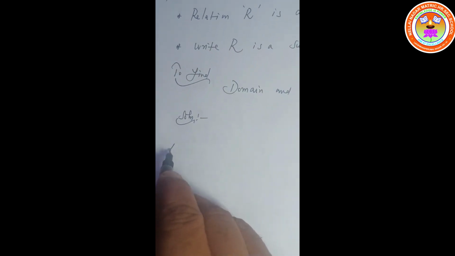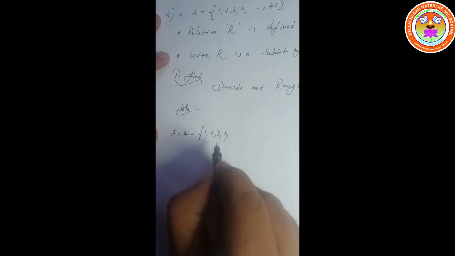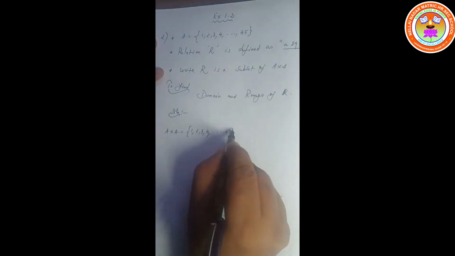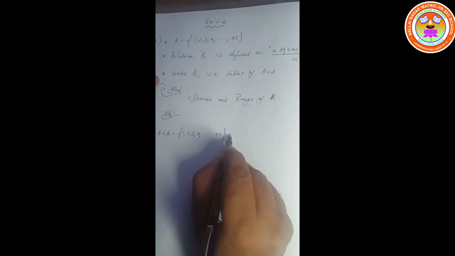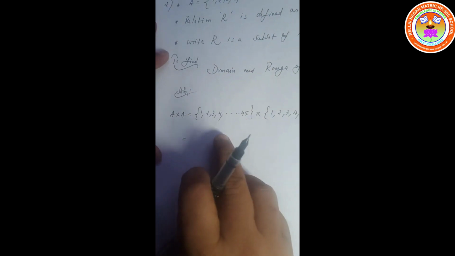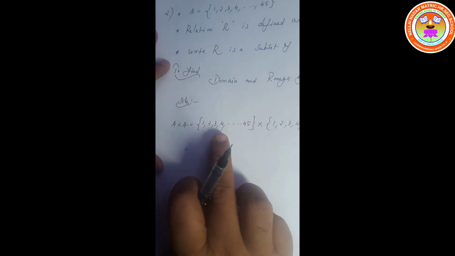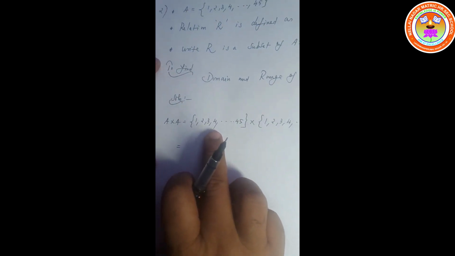First we can find A cross A. Set A, that is 1, 2, 3, 4, up to 45, cross again 1, 2, 3, 4, up to 45. Suppose A has n elements, then A cross A has n squared elements.